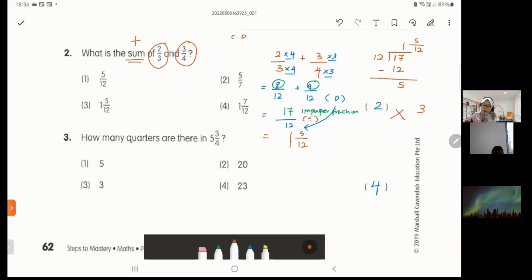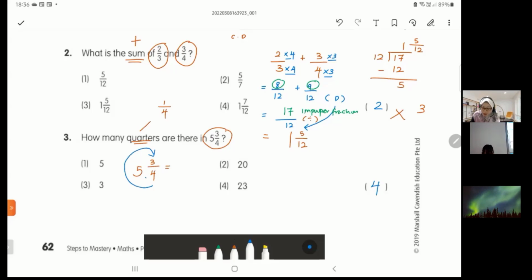All right, next one. How many quarters are there in 5 3/4? Quarters means 1 over 4. How many are there in this number? The trick to do this question is to change the mixed number to become an improper fraction first. That's the trick. Remember the C? C, go up, right?